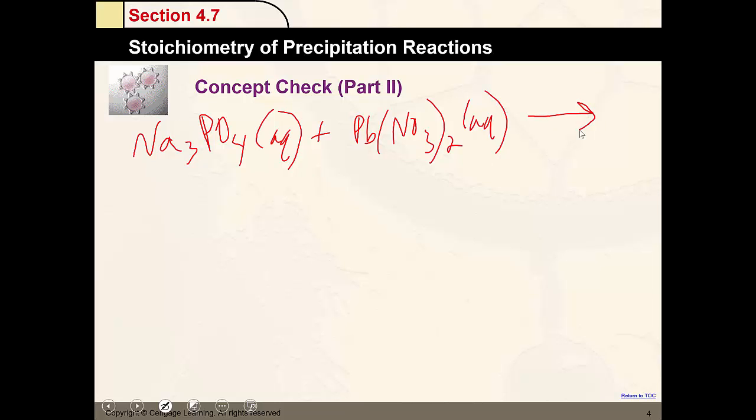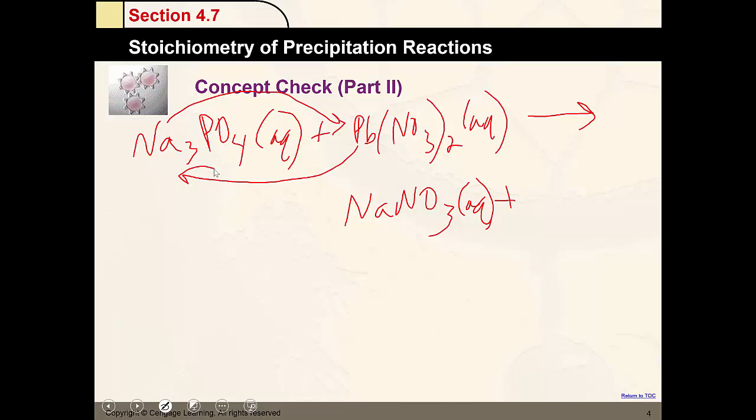So now if we look at our products, the sodium replaces the lead. So now the sodium, the Na+ ion, goes with the NO3 ion. So NaNO3, which according to your solubility rules is soluble, so it's aqueous. And the lead replaces the sodium.